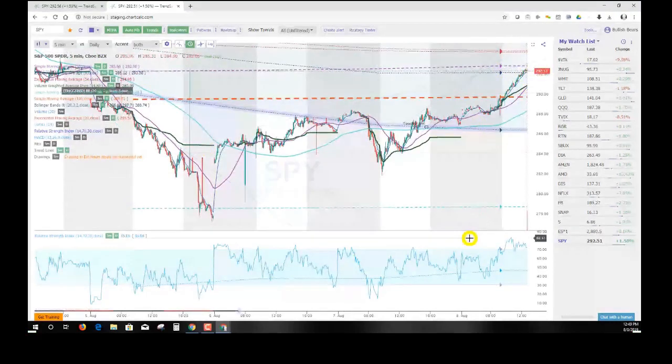What I'd also suggest you do is play around with the lower indicators. A lot of times I'll look at the relative strength index, RSI, and I will find where the daily RSI levels are, and is SPY trending above it.